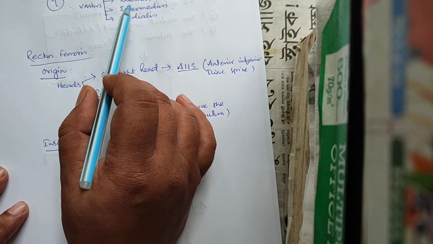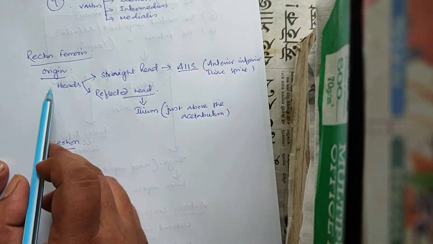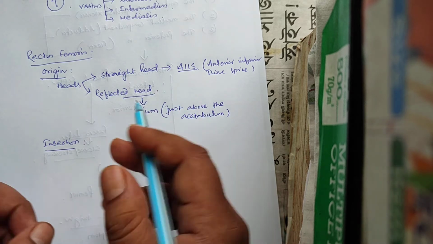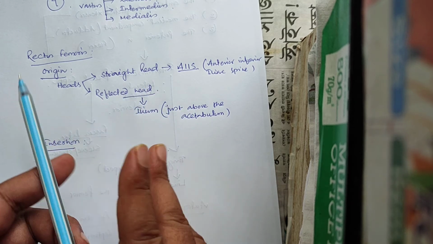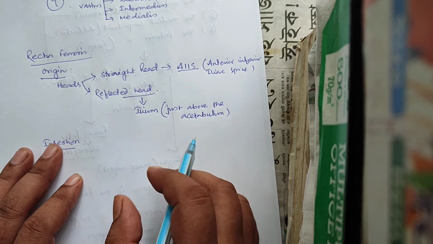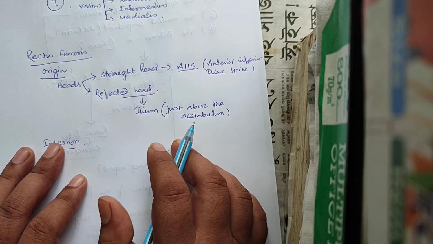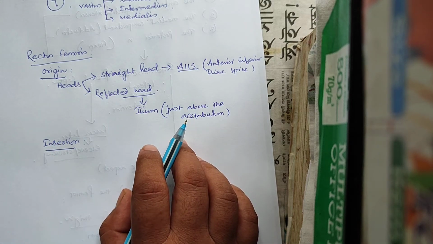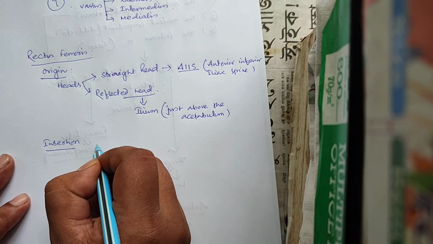The two heads, the straight head and the reflected head, ultimately form a joint at an obtuse angle and are inserted as a tendon at the base of the patella. So it is inserted into the base of the patella.